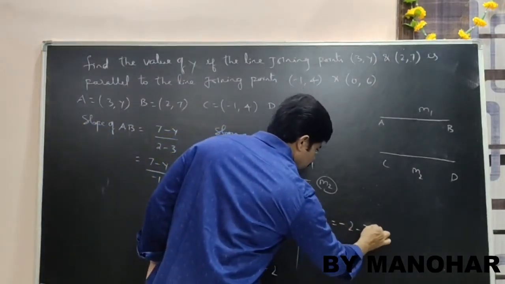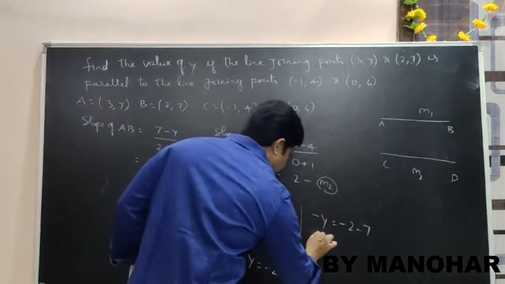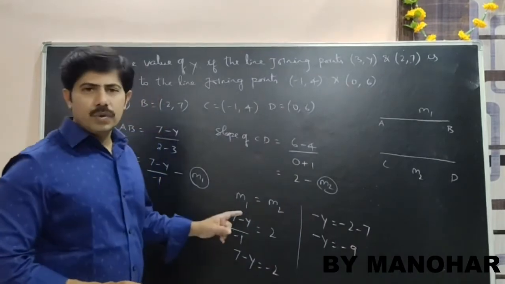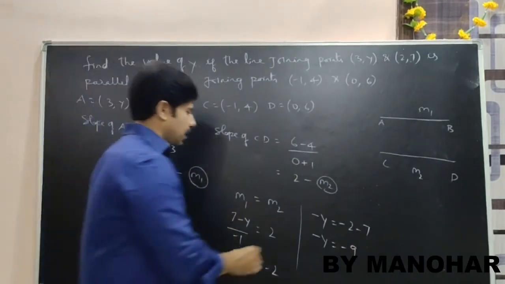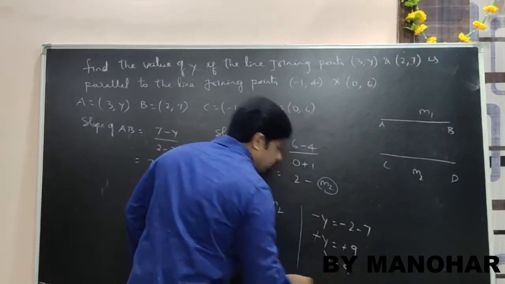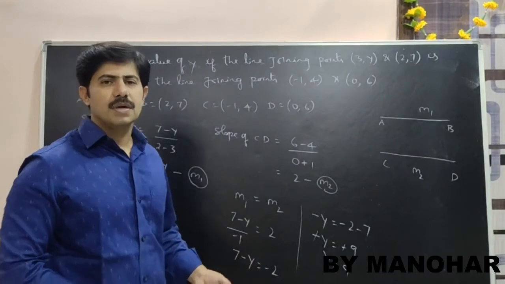Minus 2 minus 7. So what is minus y equal to? It is minus 9. So you can cancel the minus signs. So what is the value of y we get? The value of y is 9. Okay. So this problem is completed.